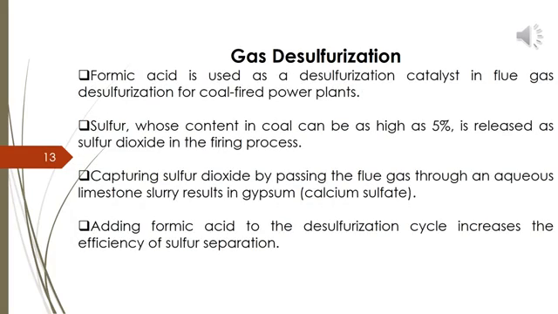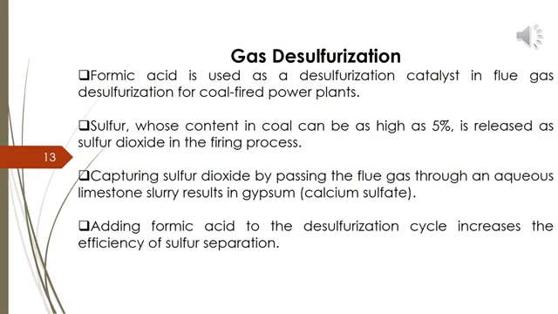Gas desulfurization. Formic acid is used as a desulfurizing catalyst in flue gas desulfurization for coal-fired power plants. The power plants which are based on the burning of coal also have sulfur present, so desulfurization is a necessary process there. Sulfur, whose content in coal can be as high as 5%, is released as sulfur dioxide in the firing process.